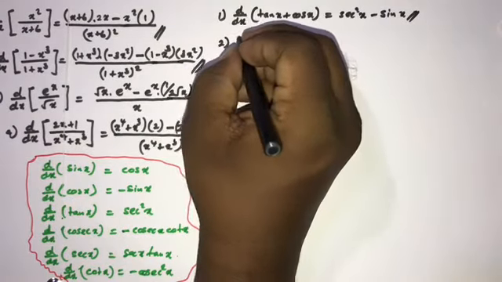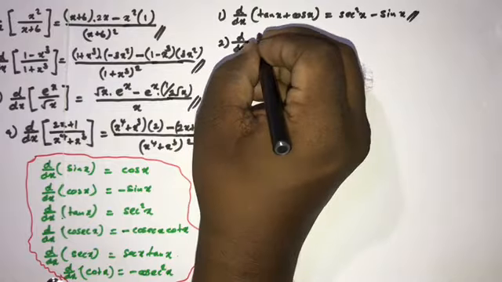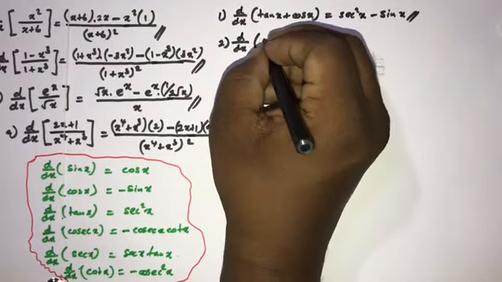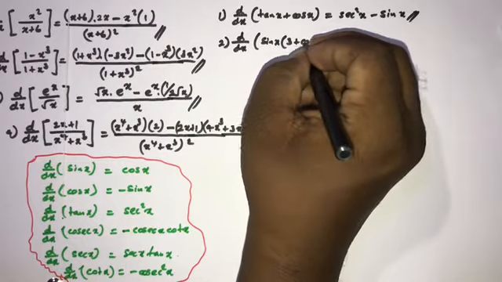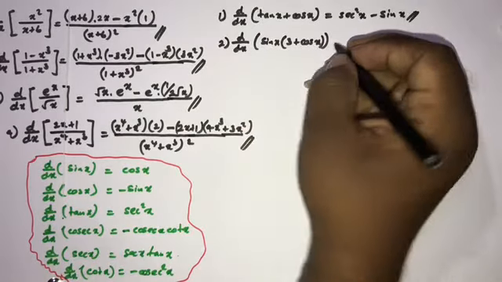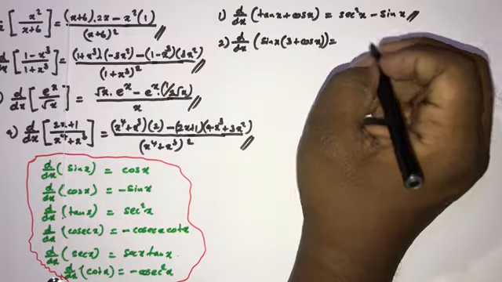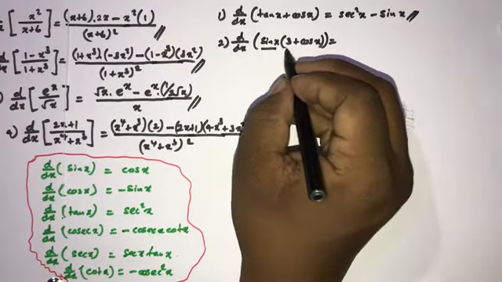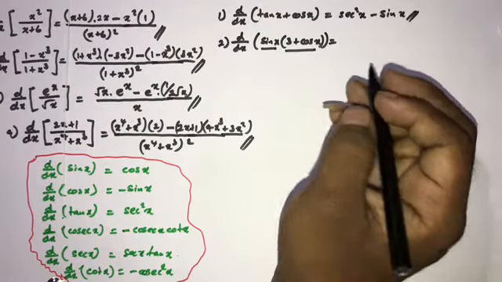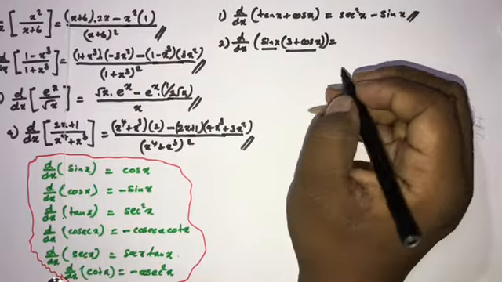Okay, this is the answer. Then second example, the derivative of sine of x times 3 plus cosine of x. Now look carefully, here we have a product of two functions, so we should apply product rule.